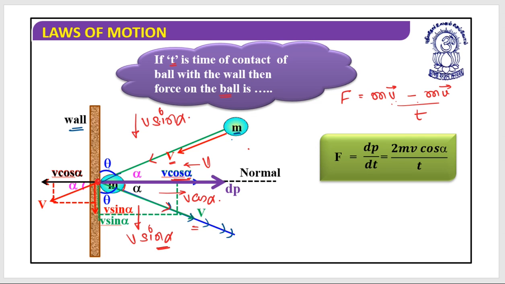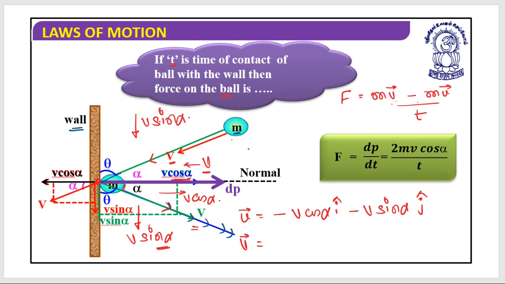Let's say the initial velocity is u. That initial velocity u can be written as minus, why minus? Because it is moving in the negative x direction. It's minus v cos alpha i cap, and it is moving in the negative y direction, so it's minus v sin alpha j cap. What is the final velocity? It is the velocity after rebounding from the wall.